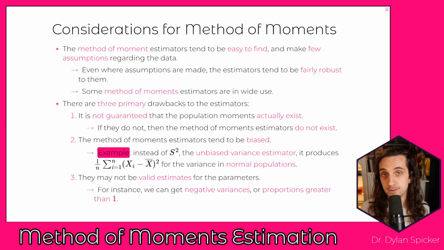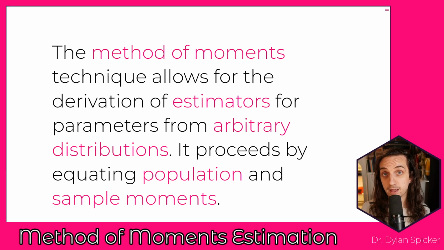And so there tends to be other estimation techniques that are often used, but the method of moments estimators are, again, robust enough in certain settings, and they also provide us a really strong foundation for thinking about general purpose estimation techniques. So the method of moments estimation technique allows for the derivation of estimators of parameters from arbitrary distributions. Right? Any distribution you can apply the method of moments technique to, and that's going to allow you to estimate out its parameters.